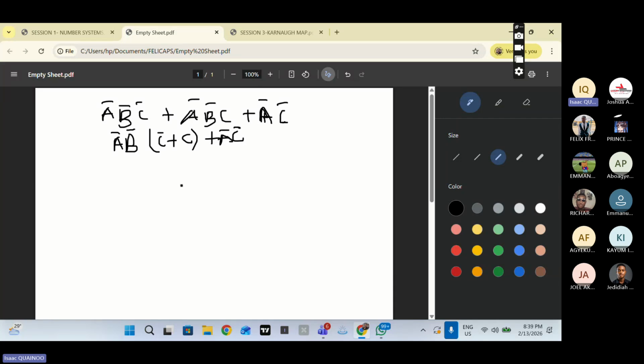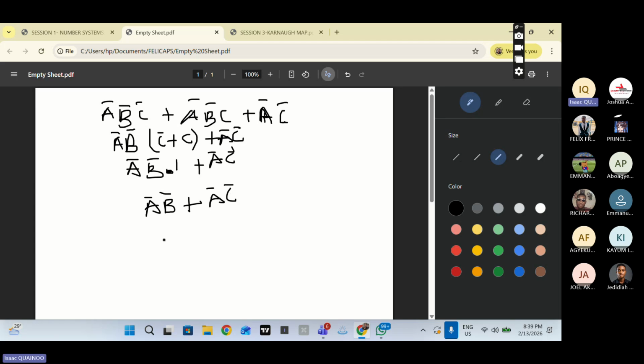These two here give us 1. So we have A bar, B bar all times 1, plus A bar, C bar. So this gives us A bar, B bar plus A bar, C bar.